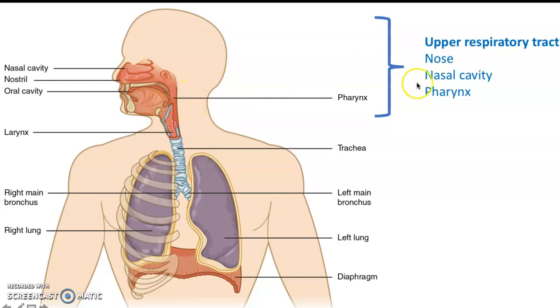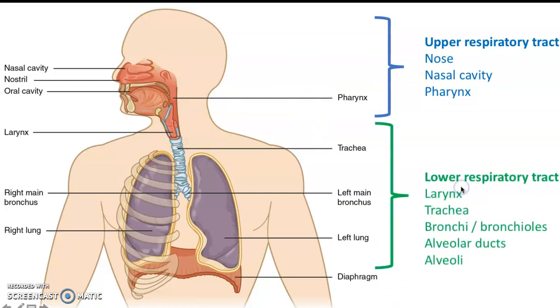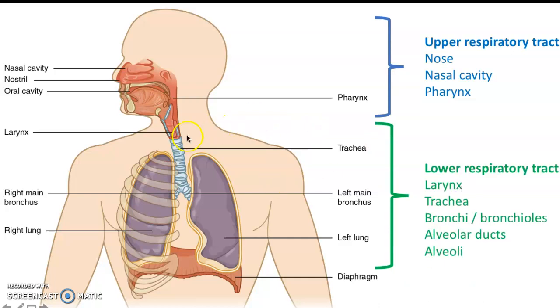So the upper respiratory system is everything superior to the larynx. The lower respiratory tract includes the larynx and everything inferior to this, including the lungs and lung structure. So one way to organize the respiratory system is simply based on location.